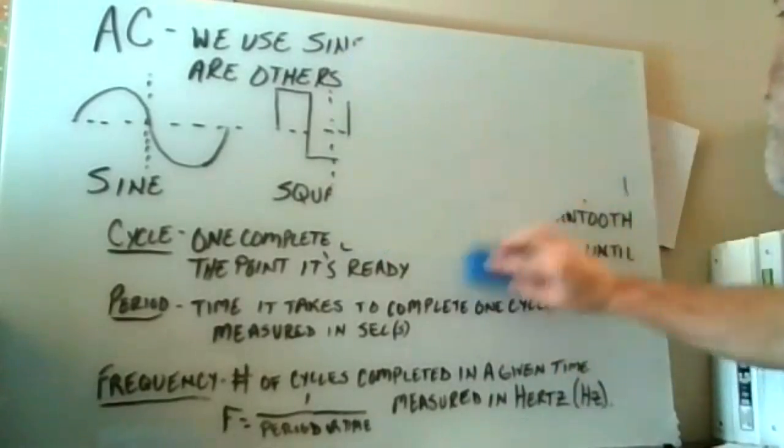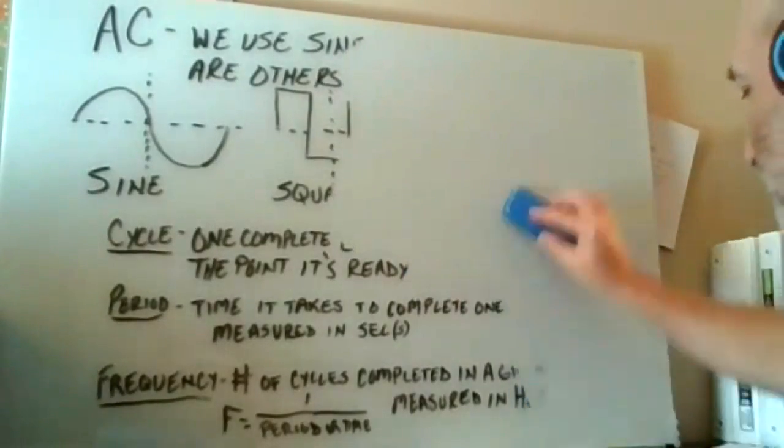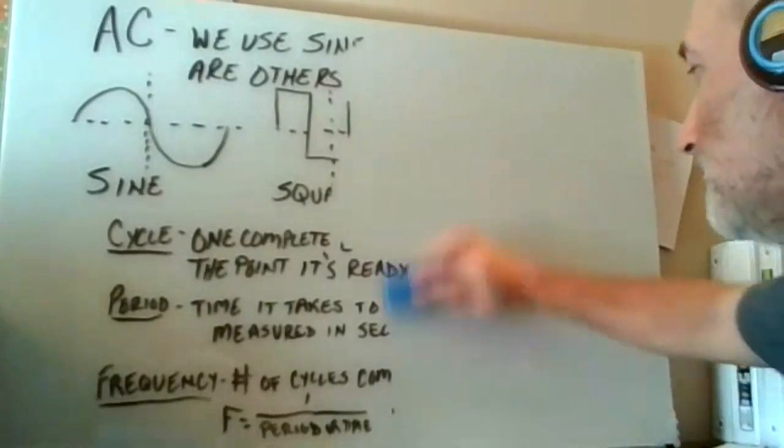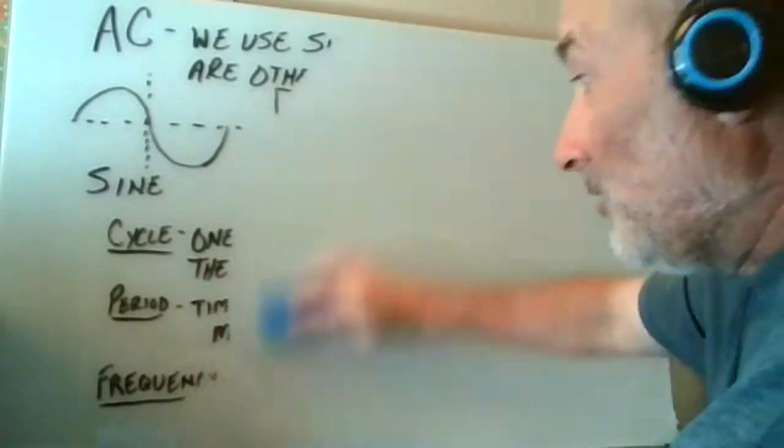When we were doing DC, and I told you, hey, you've got 10 volts, that's what you had. It was just 10 volts. In AC, we have more than one type of voltage, so we need to understand how to convert from one type of voltage to another to get what we want.